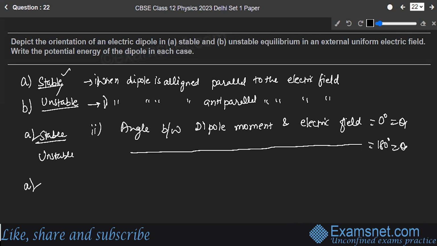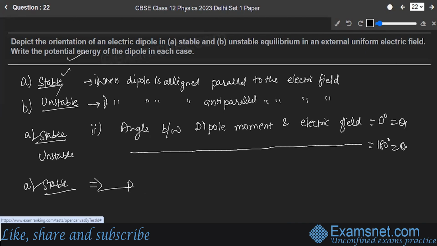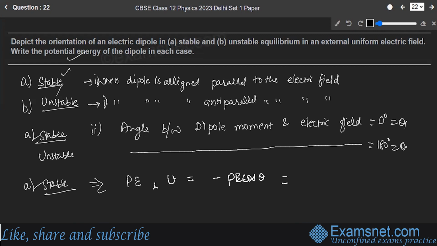For the stable, the potential energy, because you are asking for the potential energy also. The potential energy U is given by U is equal to minus PE cos theta. So you have this as minus PE cos 0. Cos 0 is equal to 1.